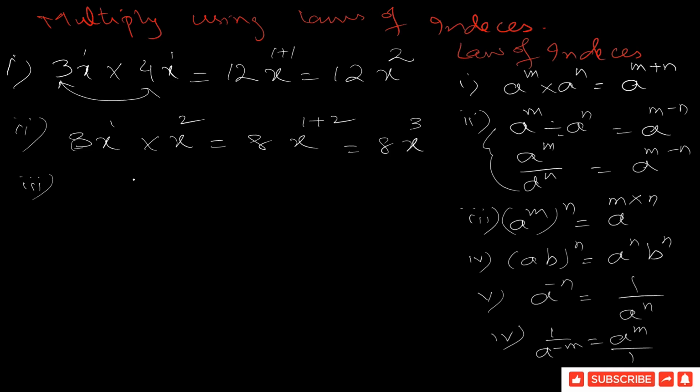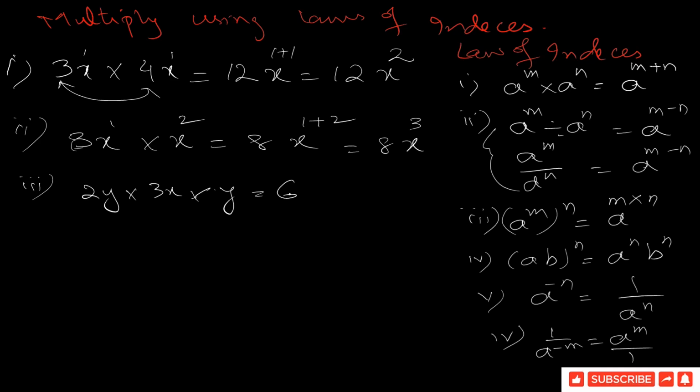We can multiply 2y times 3x times y. So you have 2 y's here and 1 x. Multiply 2 with 3, and nothing here means there is 1. So 2 times 3 is 6, and 6 times 1 is 6 again.